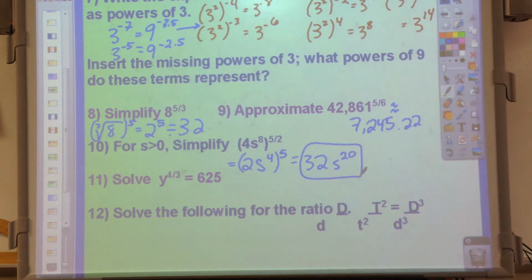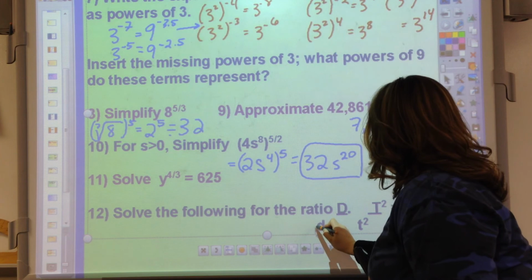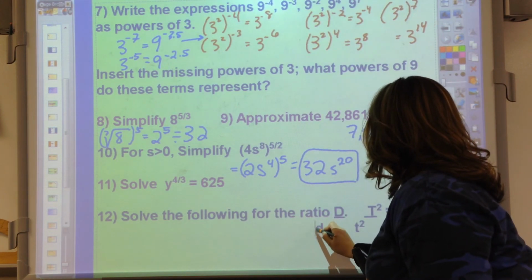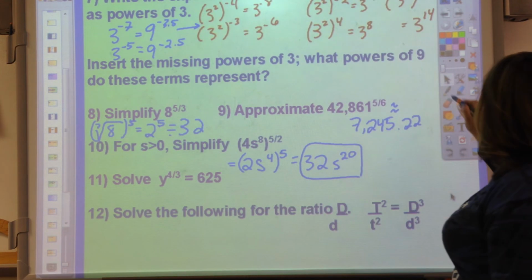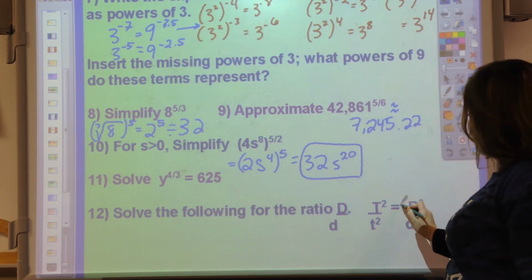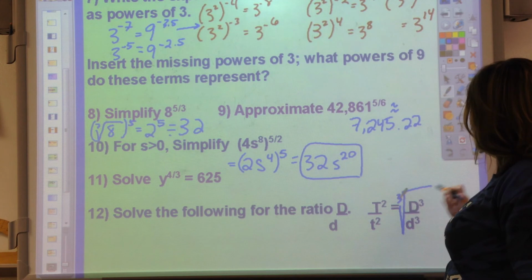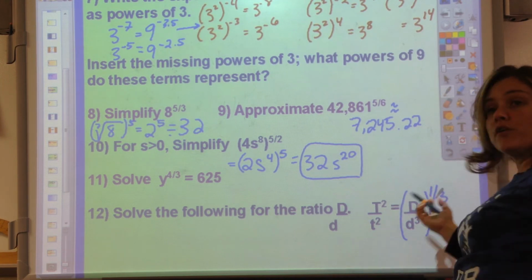All right, if I want to solve for the ratio of d over d, hopefully you'll agree with me that I have a cube here. I'm going to need to do the opposite and take the cube root, which in a sense is just raising it to the power of 1/3.